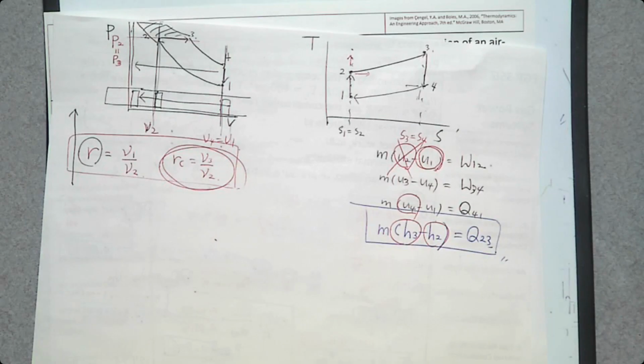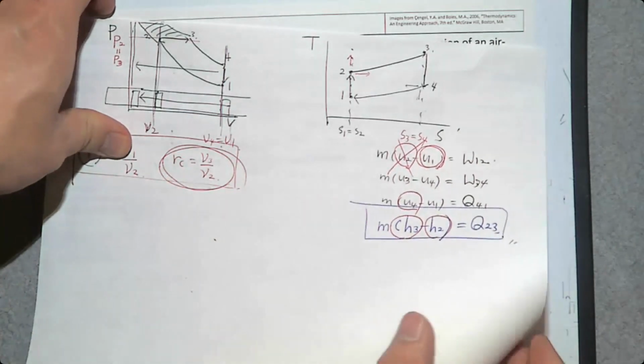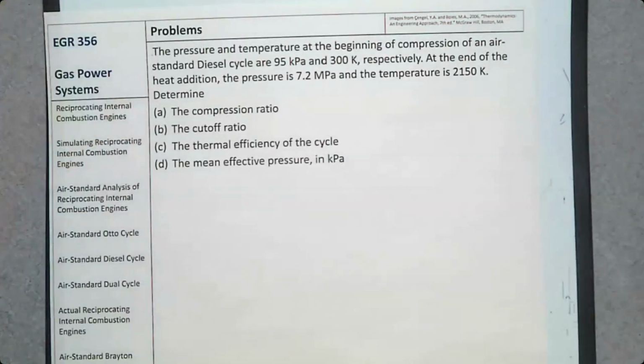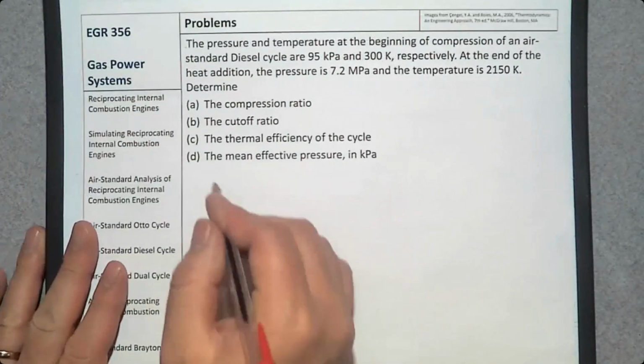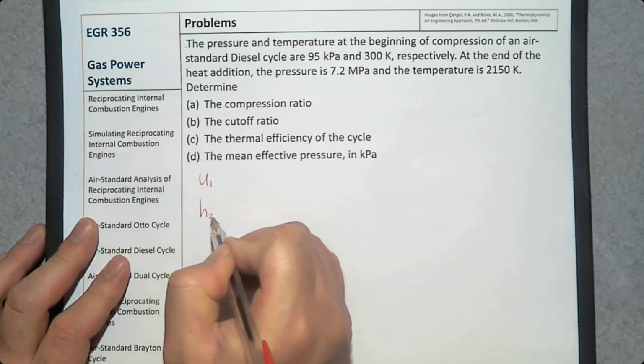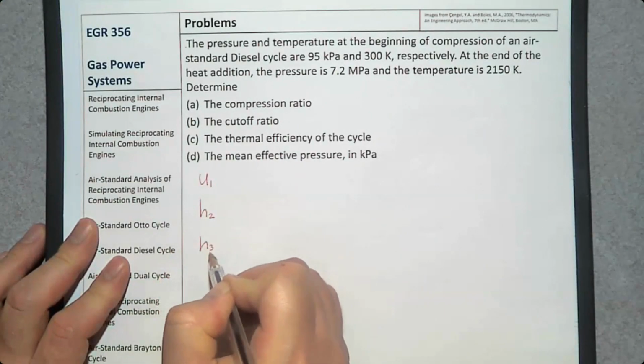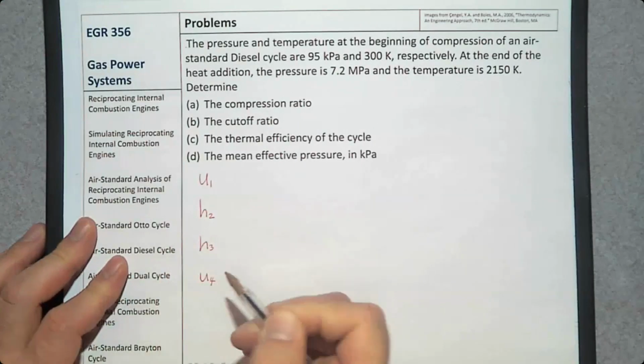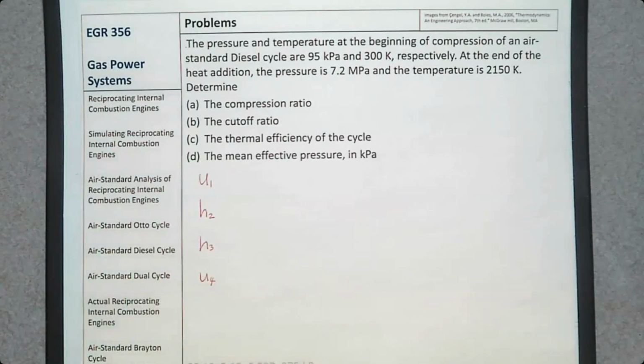So these are the four thermodynamic properties that you are going to find when you have this diesel cycle. So u1, h2, h3, and u4 is the one that you want to determine. So let's do that.